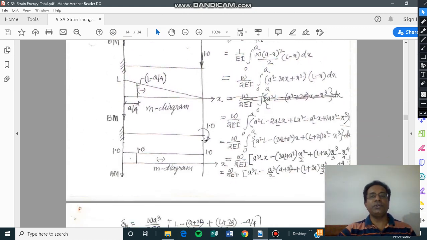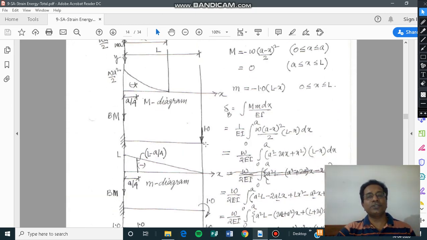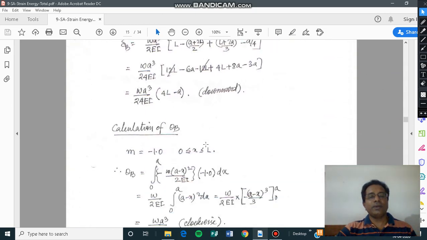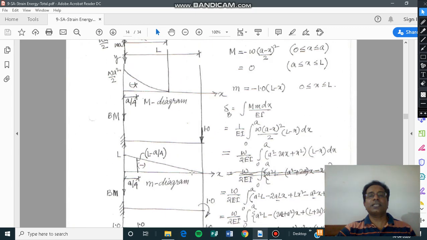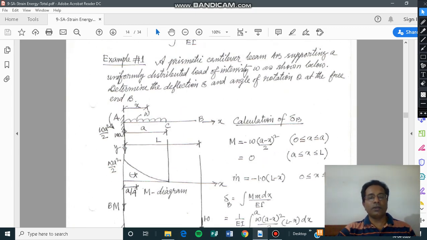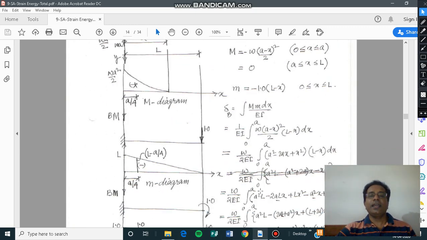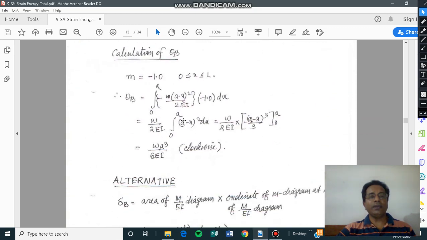After applying the unit couple, similarly at any distance x, what is that moment? There is no distance to be multiplied, because it is itself a moment, so it is 1 only. So small m is equal to minus 1. And theta B, that is the slope at B, is equal to the integration of capital M multiplied by the small m we calculated for the slope, that is minus 1, and by multiplying capital M small m we derive this expression. Finally we calculate this value.